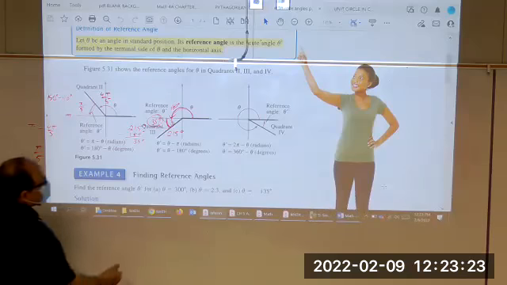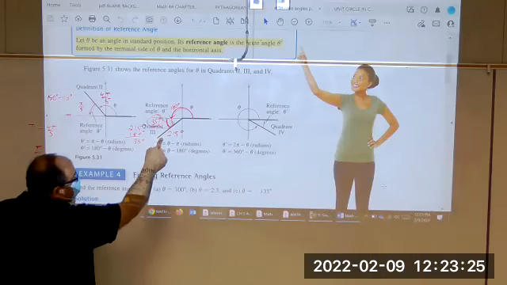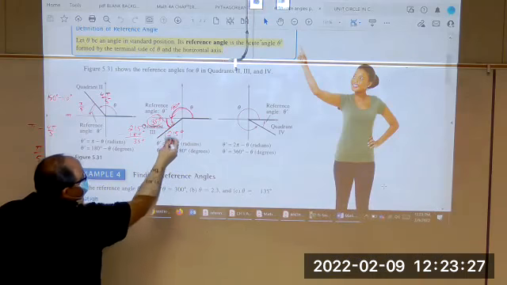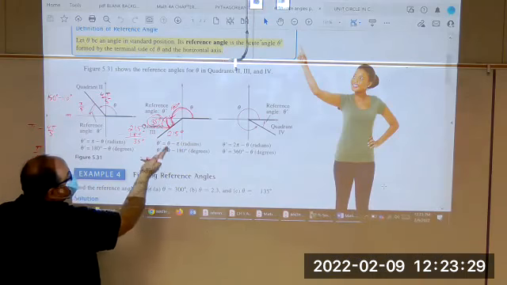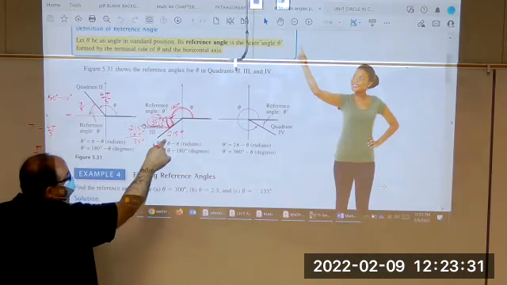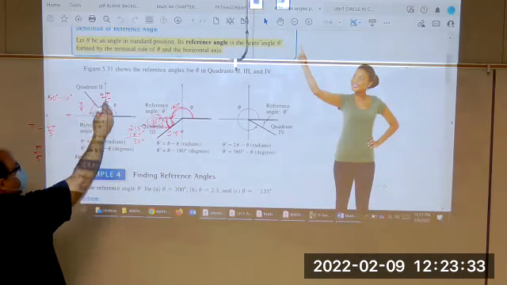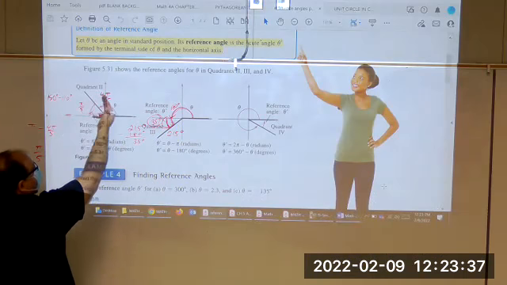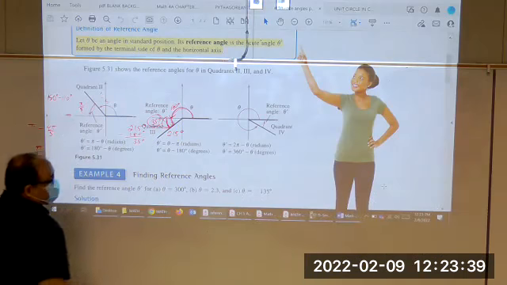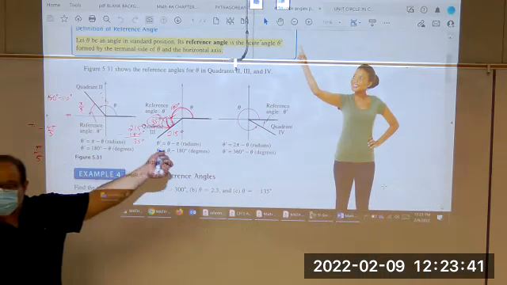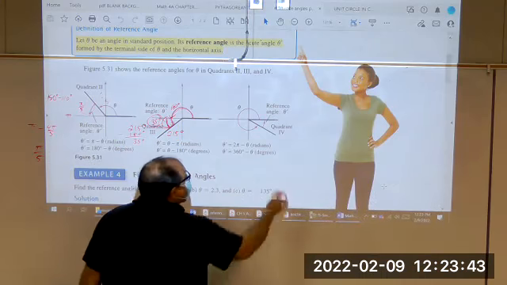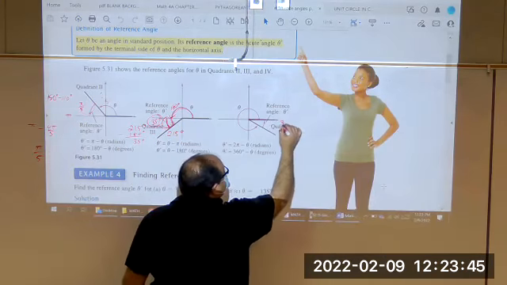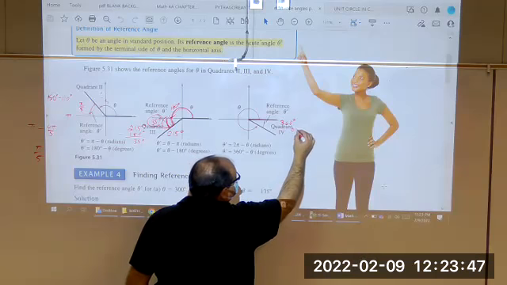Okay. When you're in quadrant 3, you're past the 180, so to find the difference, you subtract 180 from the given angle. Over here, you're not far enough, so to get a positive reference angle, it's 180 minus how much you're short. And then when you get into quadrant 4, the x-axis is at 360 degrees, or 2 pi.